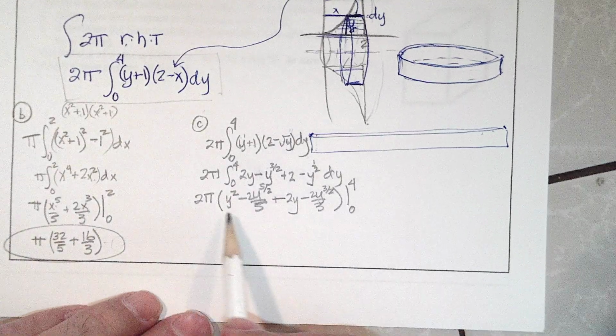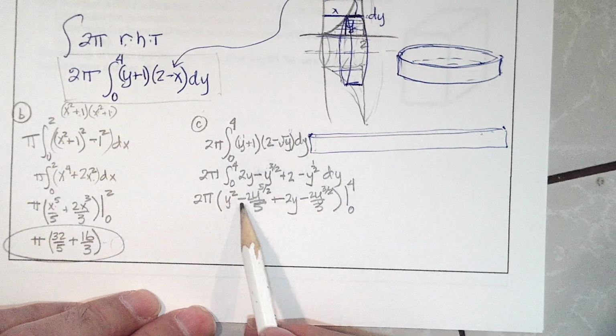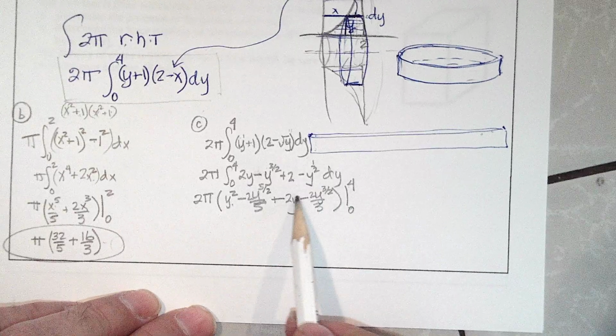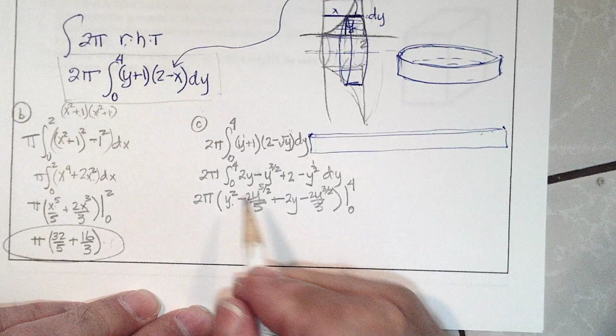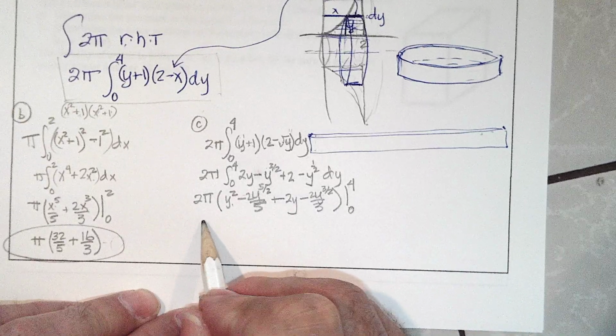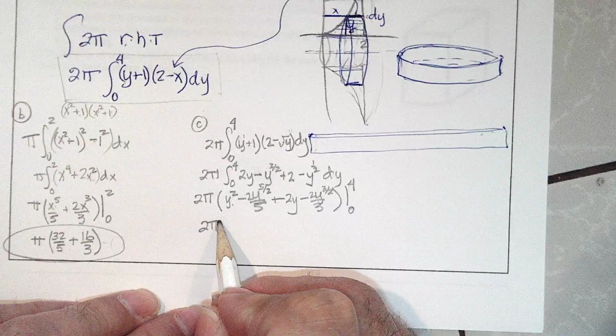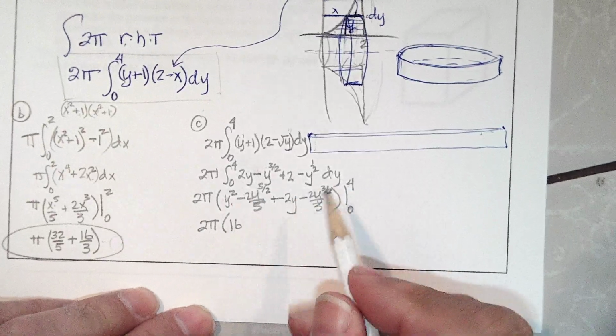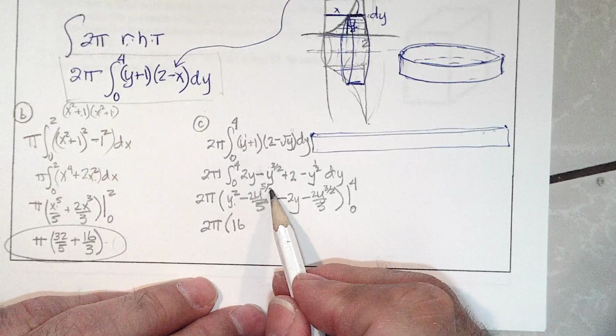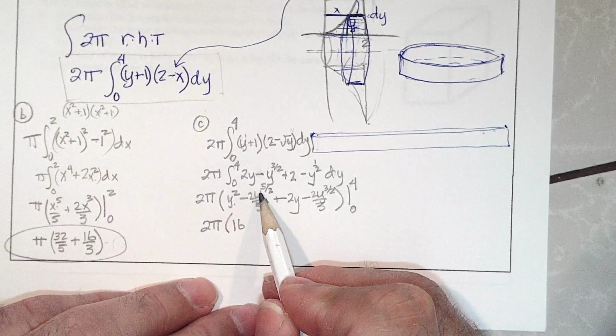Definitely the more messy one here, but we got to put 4 in, and then we got to put 0. We can see that there's a y in all these, so putting in 0 is going to cancel everything. So I'm just going to have the 4. I'm going to have 2 pi. 4 squared is 16. The square root of 4 is 2.